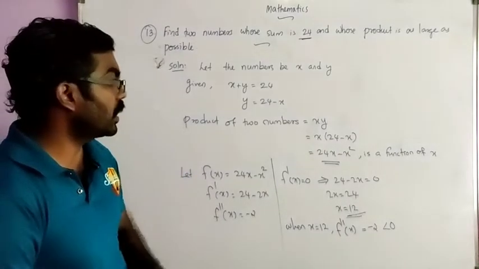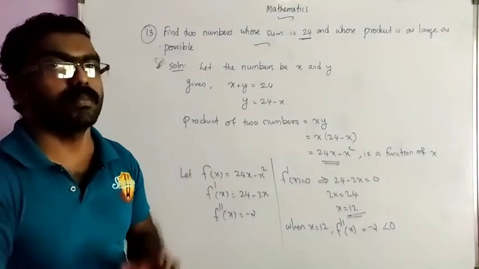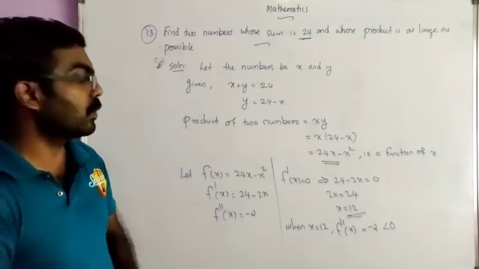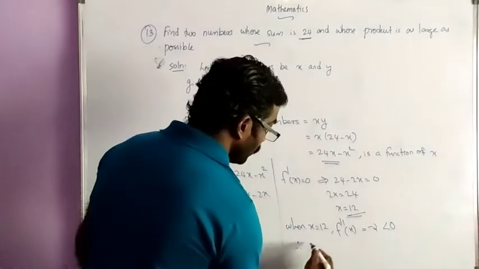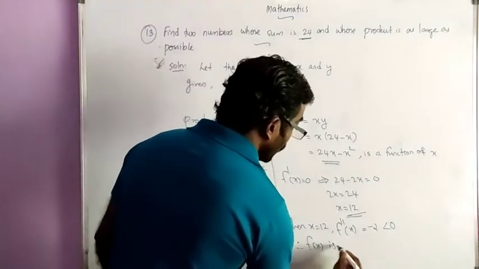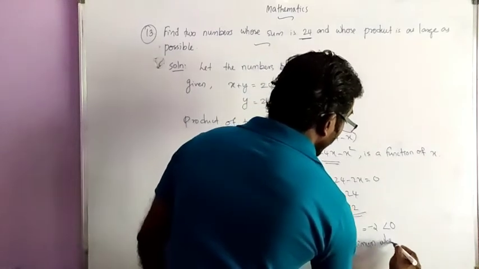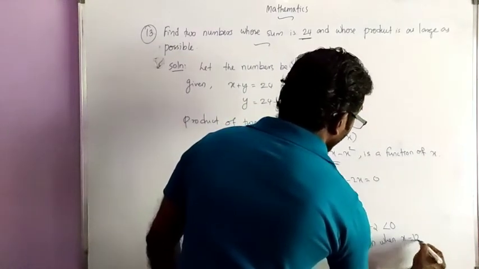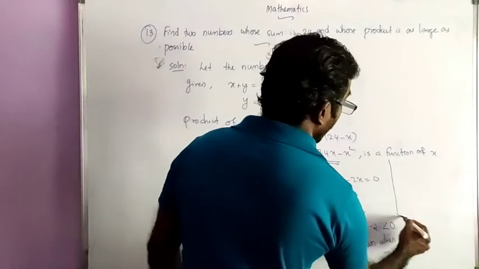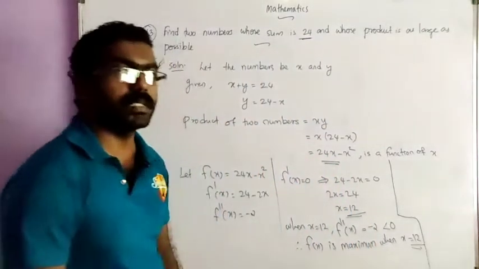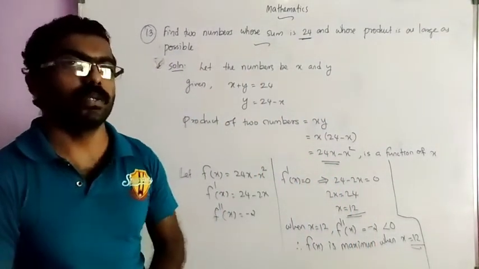Here the function we take is the product of two numbers, the product function. So we can conclude that f of x is maximum when x is equal to 12. The product is maximum when x equal to 12.